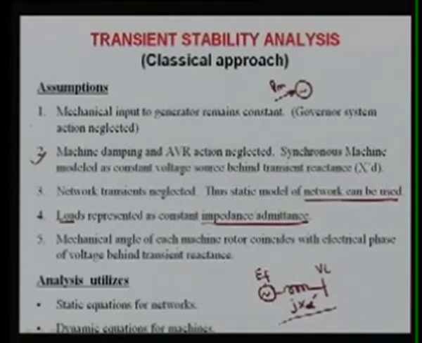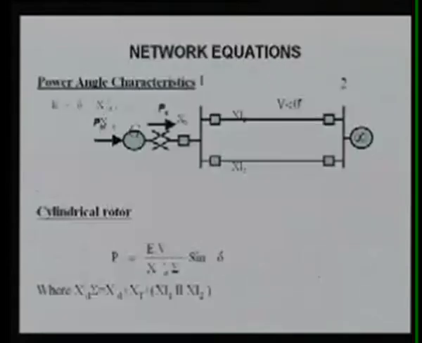So these are the 5 assumptions made in the classical analysis of transient stability. The analysis utilizes the static equation of the network and the dynamic equation of the machine. As I said, for the network we just take the static model, and for the machine the dynamics are included.